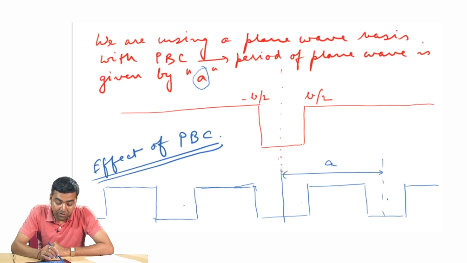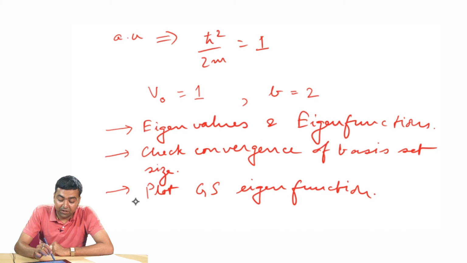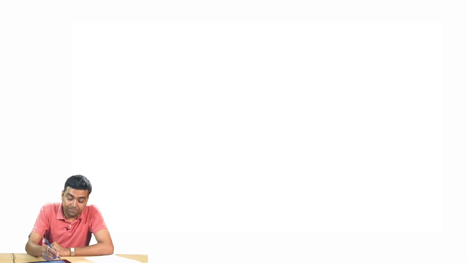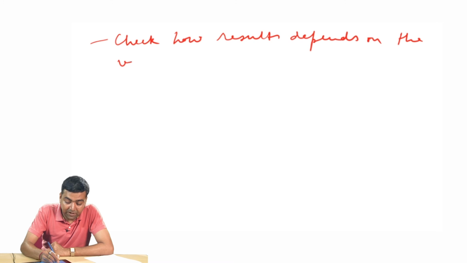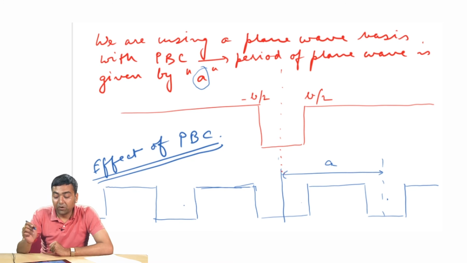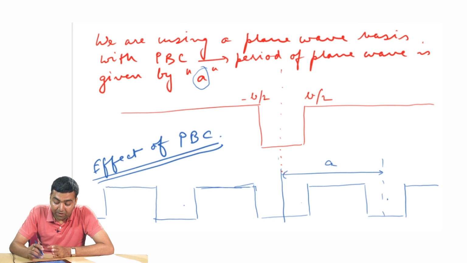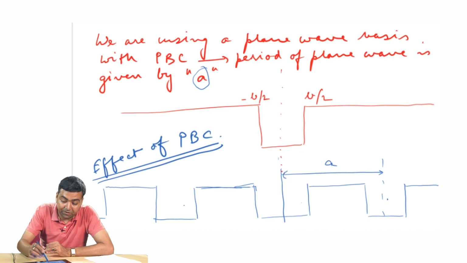So, in addition to the different things which we need to check here, we also need to check how results depend on the values of A. The reason it is important to do is to get the correct physical picture of the problem, that is the correct solutions to this particular wave function, to this particular potential.